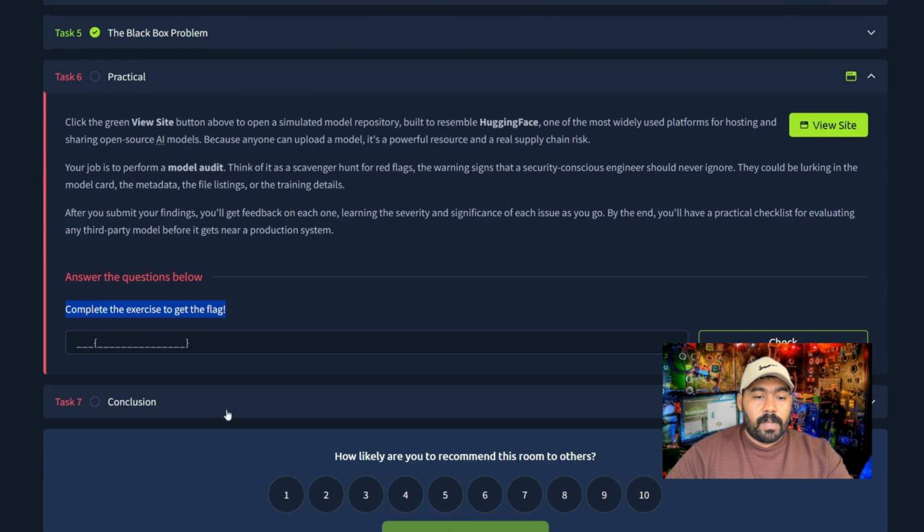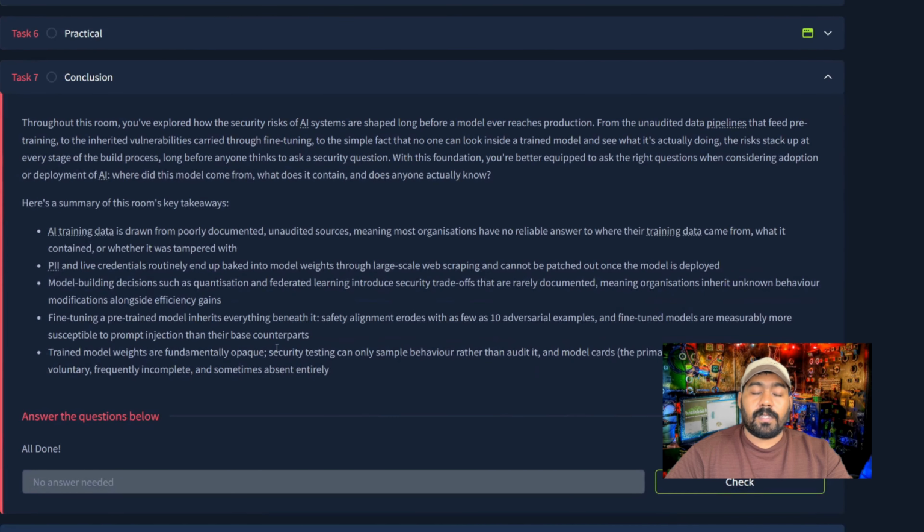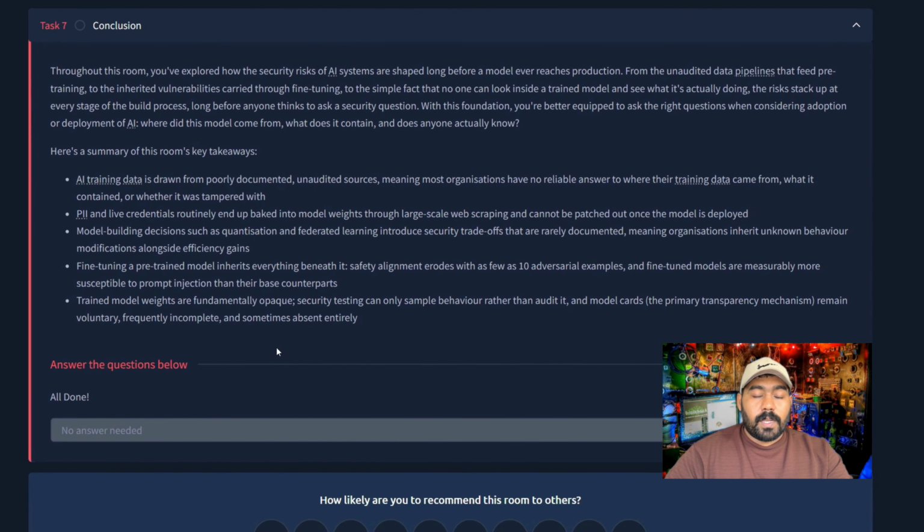Task number 7 is the conclusion. So that's a full walkthrough. Let's wrap up. You have explored how the security risks of AI systems are shaped long before a model ever reaches production: from the unaudited data pipelines that feed pre-training, to the inherited vulnerabilities carried through fine-tuning, to the simple fact that no one can look inside the trained model and see what it's actually doing.